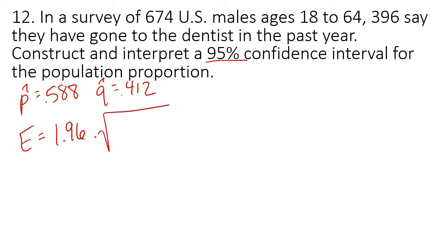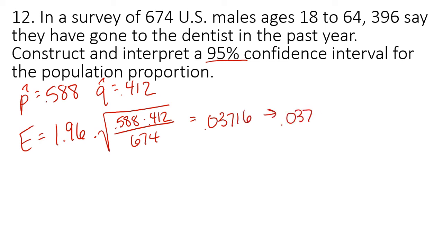And then it's times p hat times q hat in a square root divided by 674, the entirety of our sample. And so that comes to 0.03716. Or if we round to 3 decimal places, 0.037.